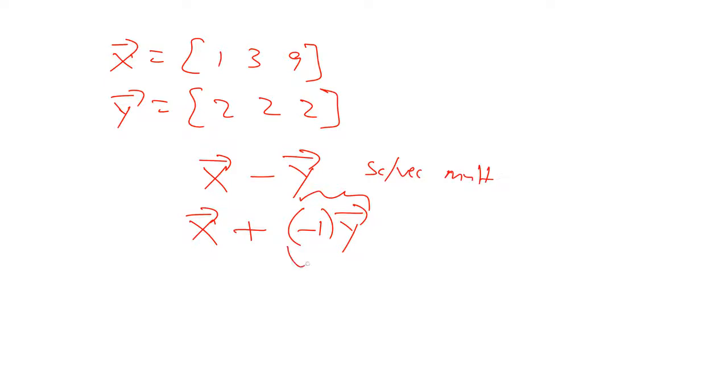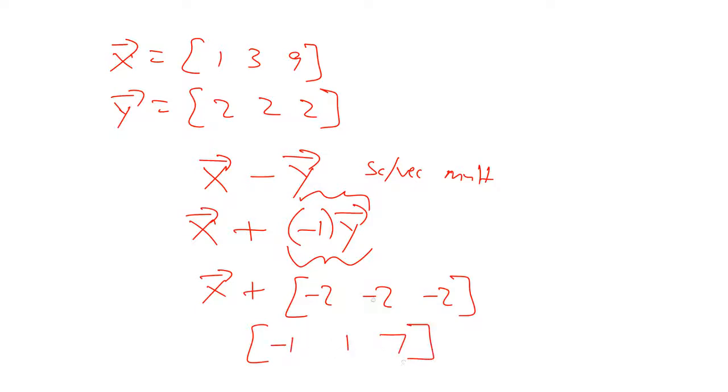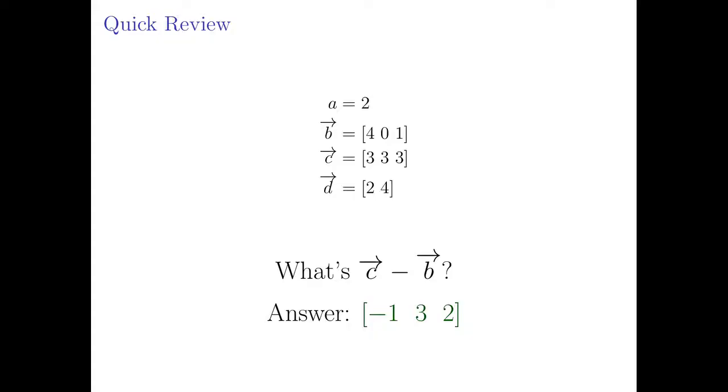So if we multiply those two things out, we're going to get negative 2, negative 2, negative 2. And then we can do x plus that, and we're going to end up getting negative 1, 1, and 7, I believe, right? So when you do a subtraction operation, that's really just the same as multiplying the second vector by negative 1 and then doing an addition. So it turns out to be very intuitive.